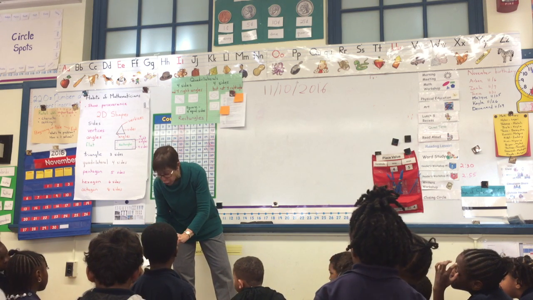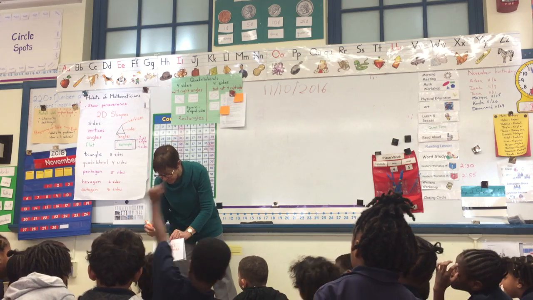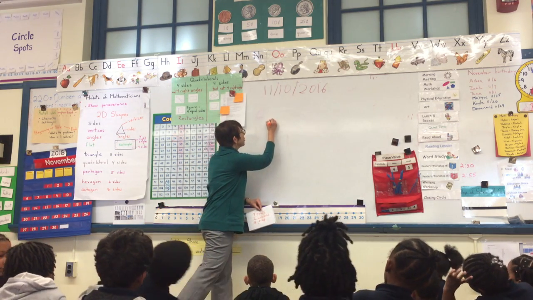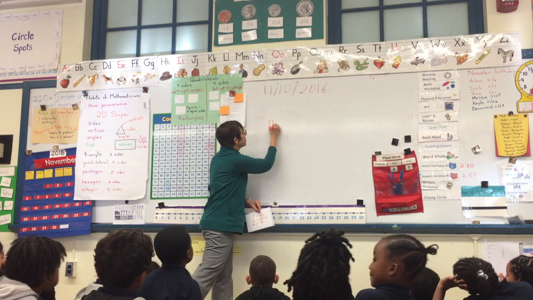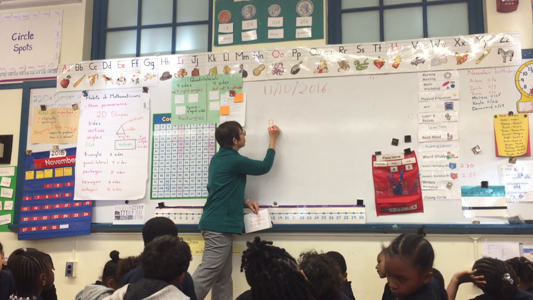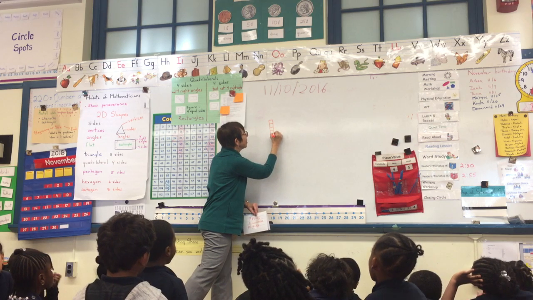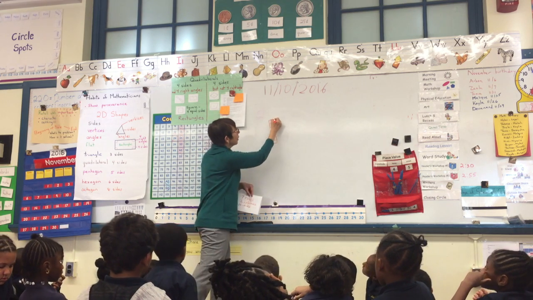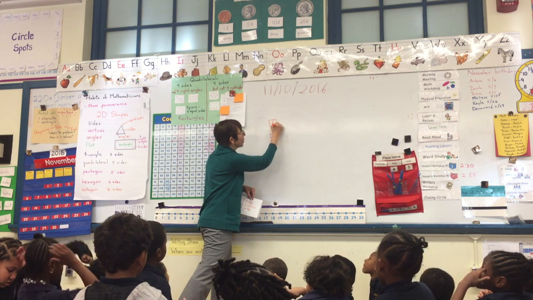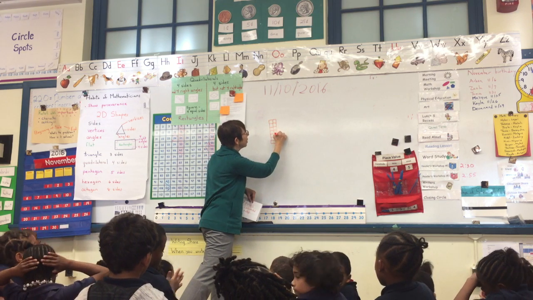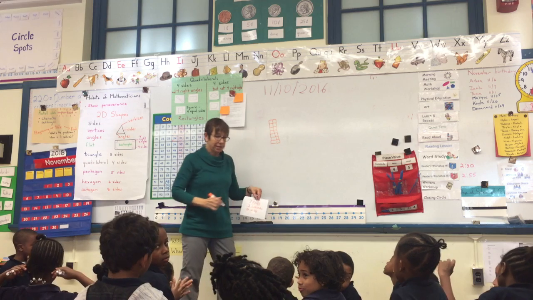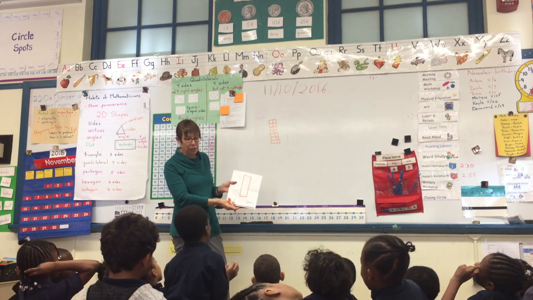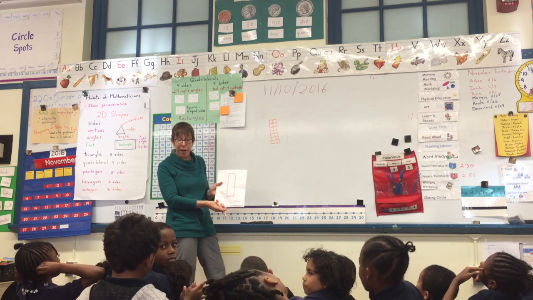She is going to look. She's going to say 7 rows. Okay, I know I need to put 7 tiles. And 2 columns. So I have to have another one. She's going to build it with tiles. And then she's going to open up the paper and look, was she right?